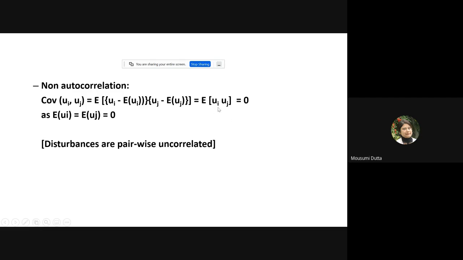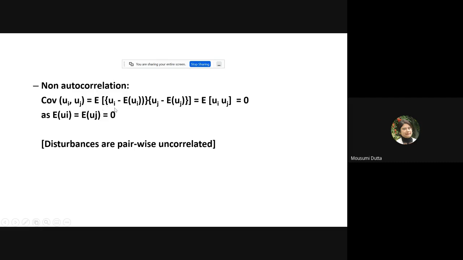We are considering the same term, the same error. Both i and j are running from 1 to n. However, at a particular point i is not equal to j, because if i is equal to j, you will get the variance part: expectation of Ui minus expectation of Ui, whole square.